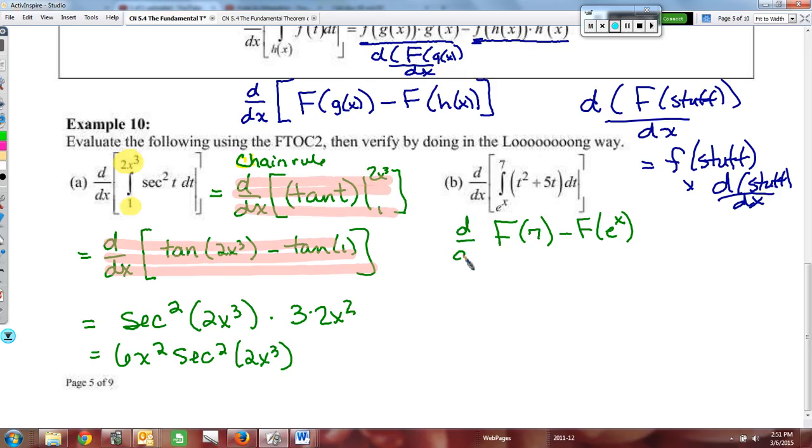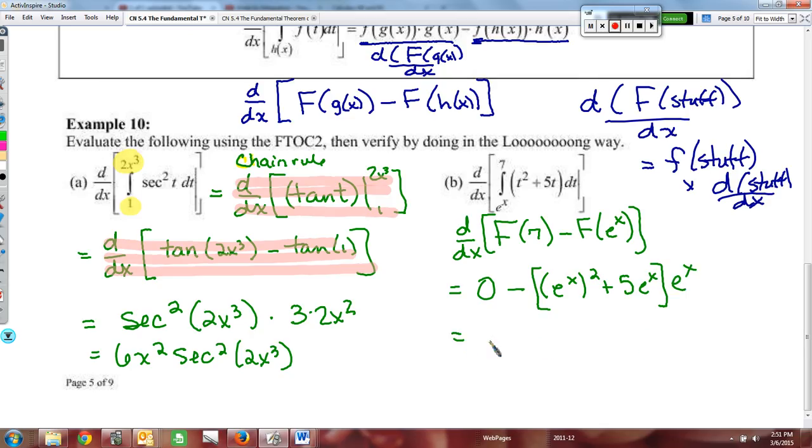So if I want to take the derivative with respect to x of this, then the derivative of the antiderivative at 7 is a constant, so it goes away, and we get 0, minus the antiderivative with stuff inside. If I take its derivative, it goes back to this, but it'll still have the stuff inside. But then I have to follow that with the derivative of the stuff, which is e to the x.